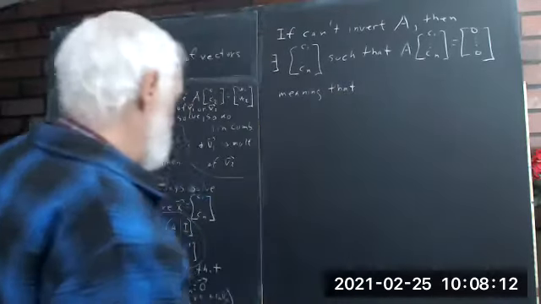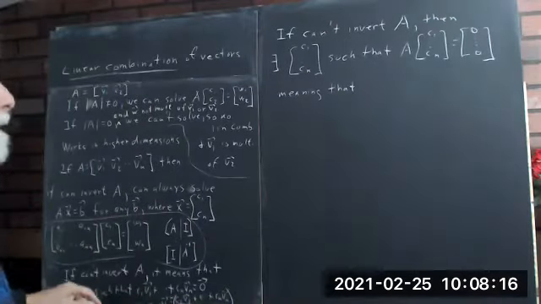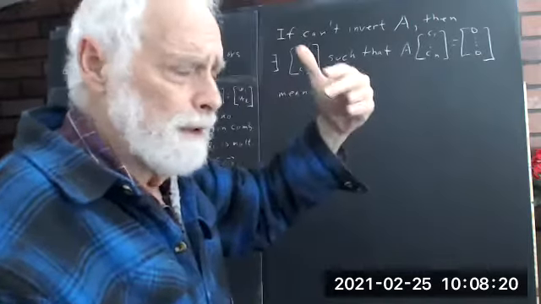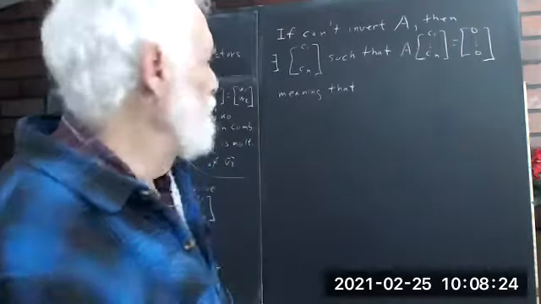What does this mean? Well, if you think in terms of what this tells you, A is the matrix consisting of the column vectors V1 through Vn.